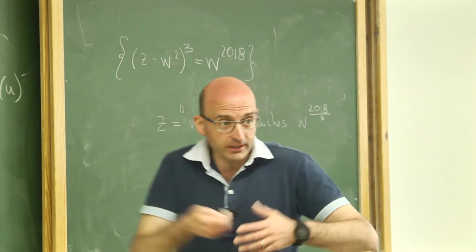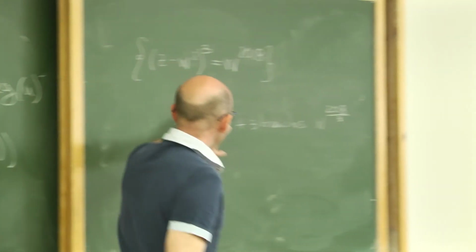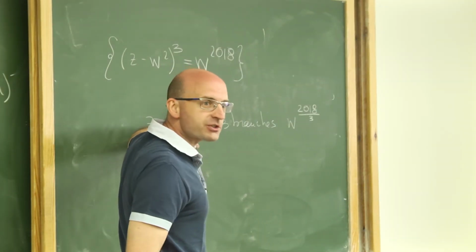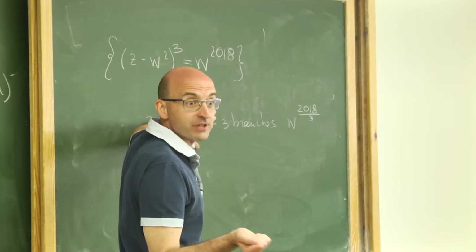And if I make a zooming procedure around the singularity, if I don't subtract this w square, I'm not seeing anything interesting in the limit. I'm just seeing a collapsed harmonic function.